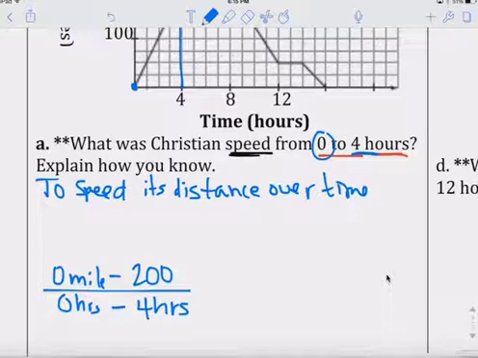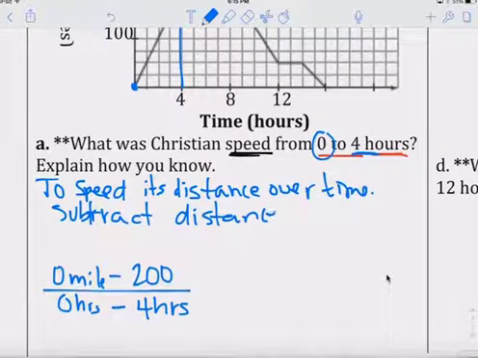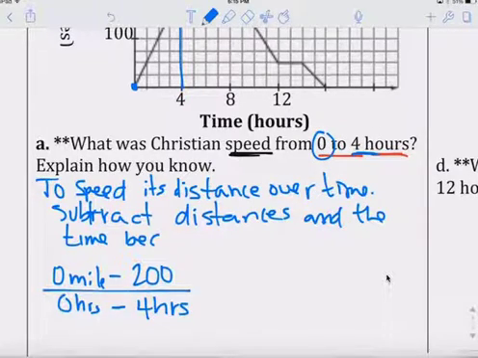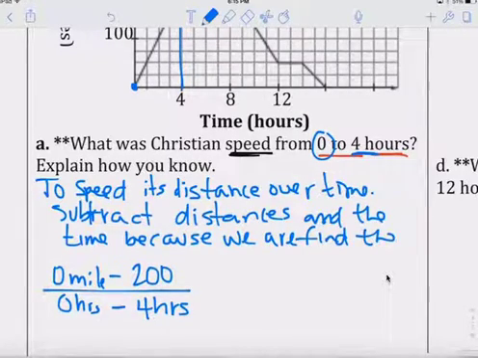So we subtract the distances and the times, because we're finding the change in distance and time.